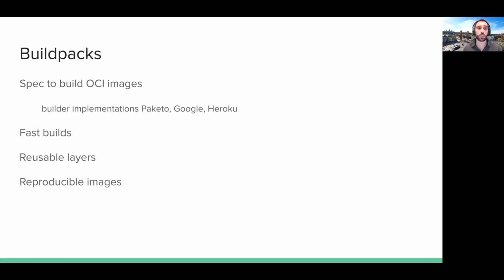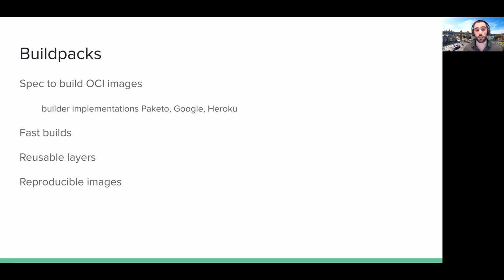And we have multiple implementations of the spec. We have implementations coming from Google, from Heroku, from Cloud Foundry. We have also an implementation called Paketo, which is what we're going to use today. But of course, every platform has its own needs. So that's why we have different implementations of the Buildpacks specification.